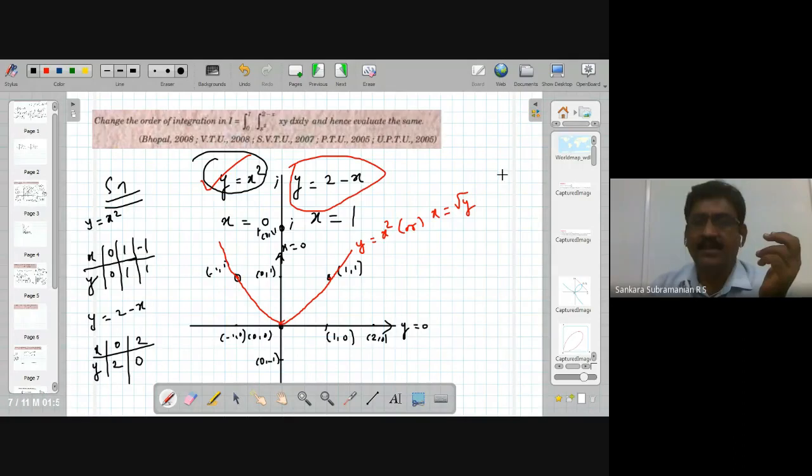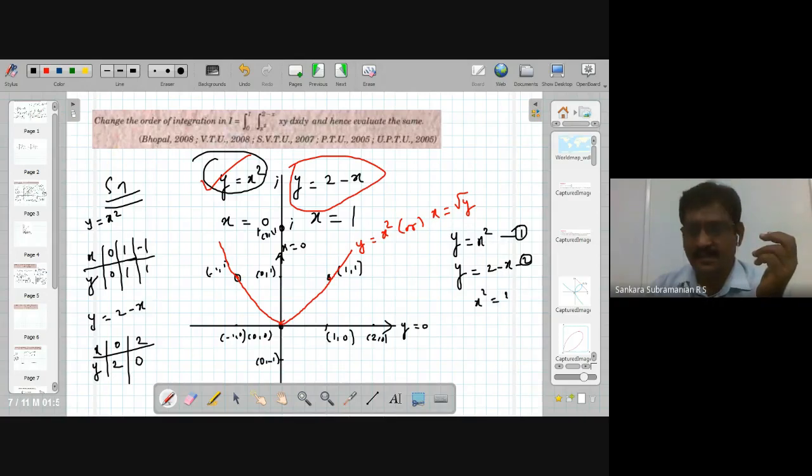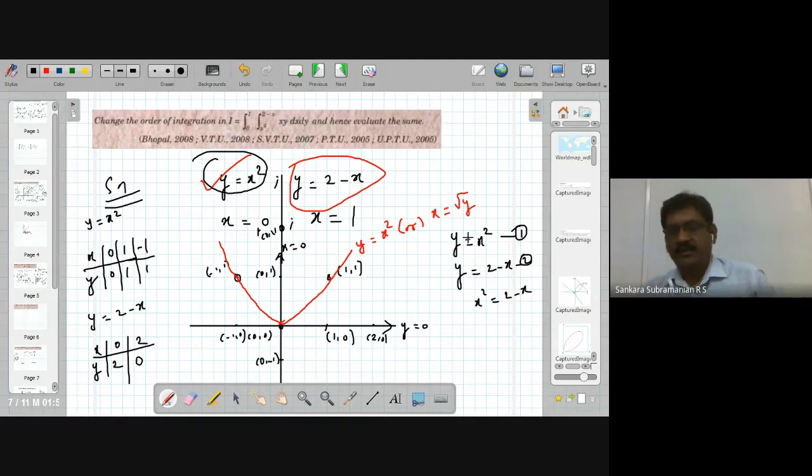How do we find the point of intersection? y equal to x square is one curve. y is equal to 2 minus x is another curve. Solving 1 and 2, you get x square equal to 2 minus x, because this is also y.